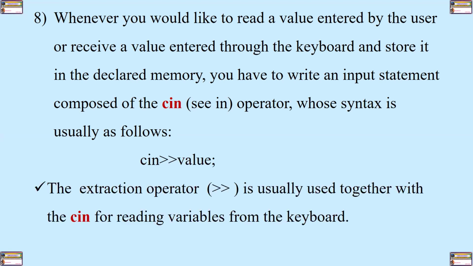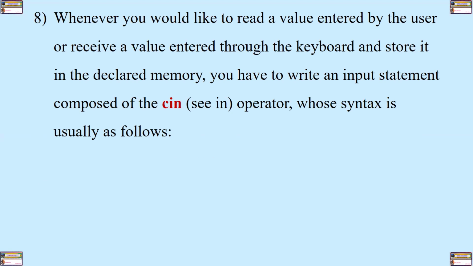What this statement simply means is that the extraction operator, which is usually used together with cin, will be used to read variables from the keyboard. So simply, this statement means pick the value that has been entered through the keyboard and store it in the memory location called value.